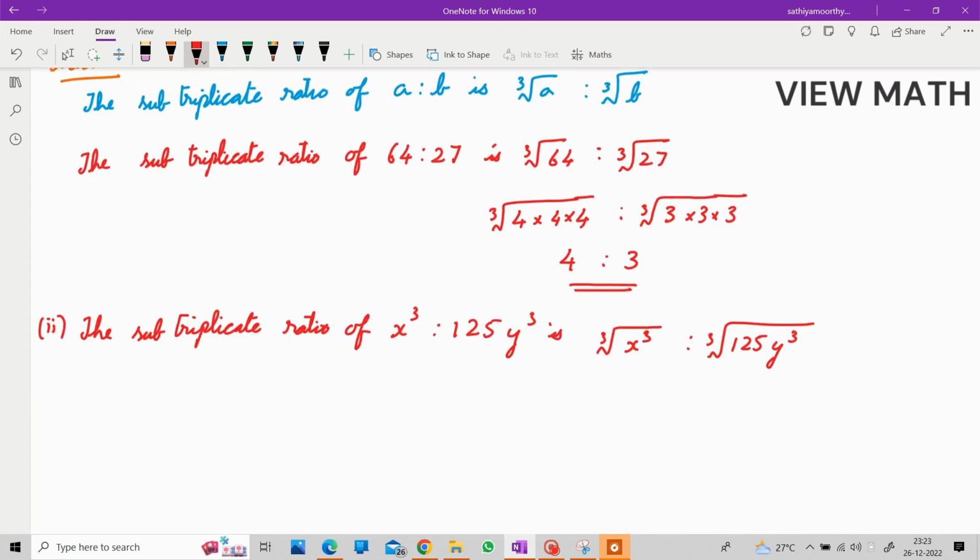Now I can write cube root of x cube is to cube root of 125 as 5 into 5 into 5 y cube. Now cube root of x cube is x, and cube root of 5 into 5 into 5 y cube is 5y. So this is the subtriplicate ratio.